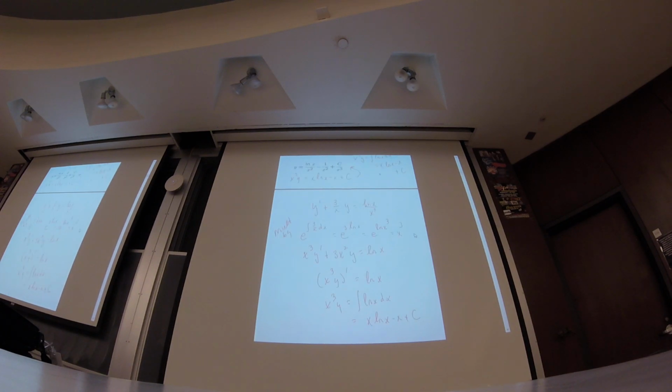I just want to go back and check one thing here. Yeah, okay. Here's the general solution. I want to make sure that I divided the c by x squared. What I'm saying is, I get x squared y is this stuff, and then I divide by x squared.